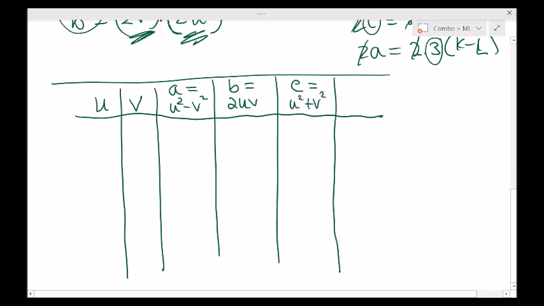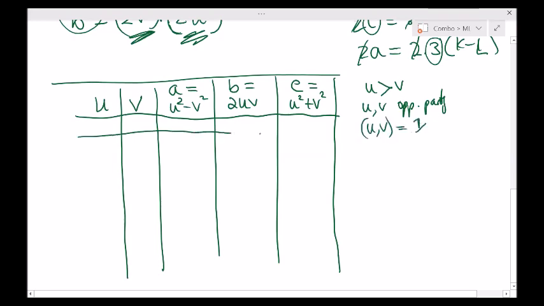All right, let me remind you of the rules, just in case you forgot. U should be greater than V. U and V are opposite parity, and their greatest common divisor is 1. And they are both positive, obviously.